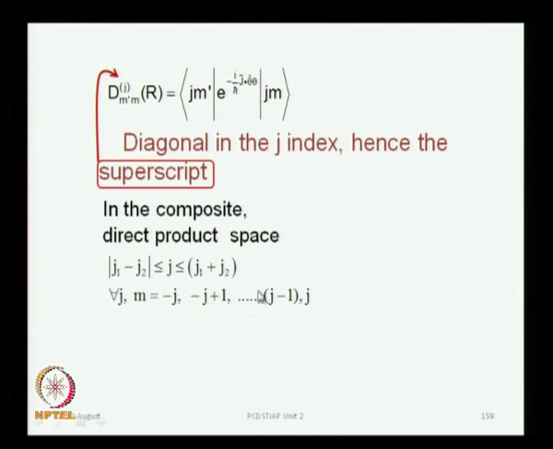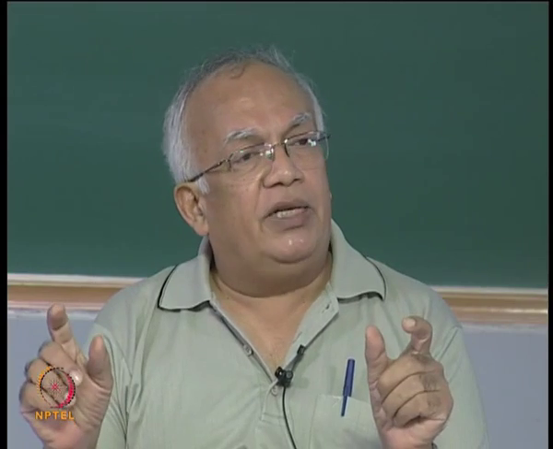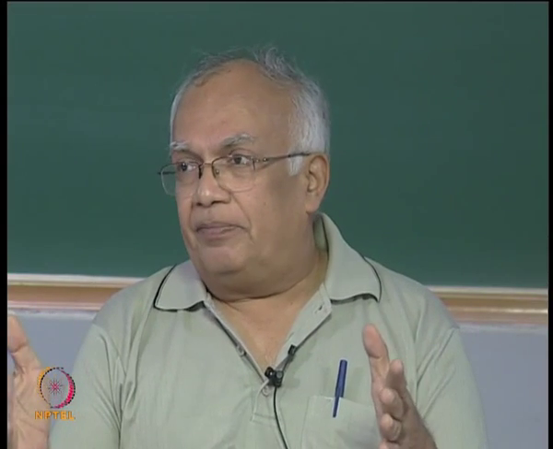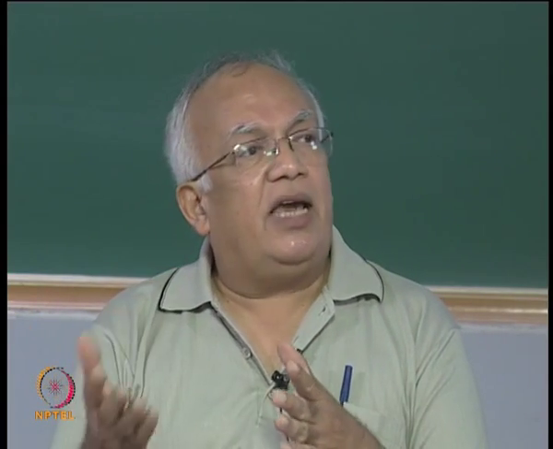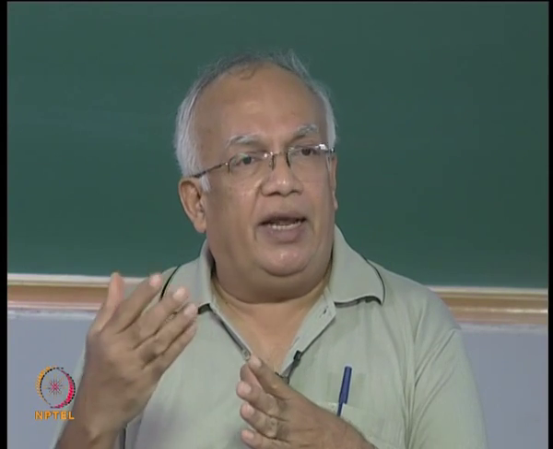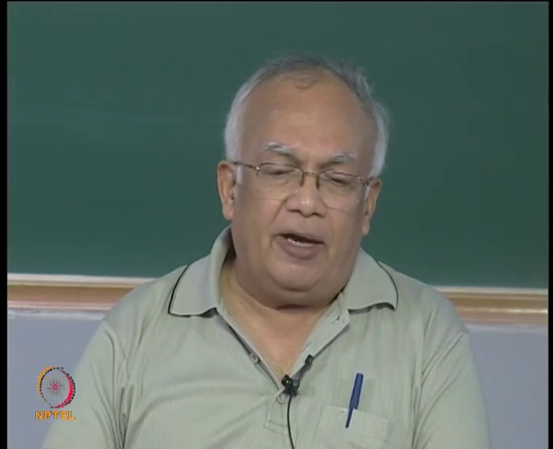So now let us ask, when you have a composition of two angular momenta, you take two angular momenta and combine them, generate a composite angular momentum, a sum total, an addition of these two angular momenta.